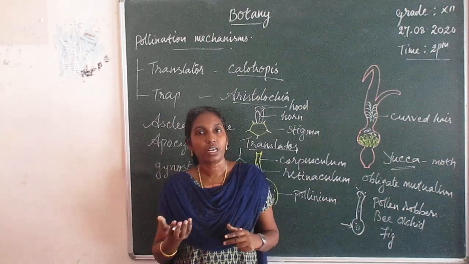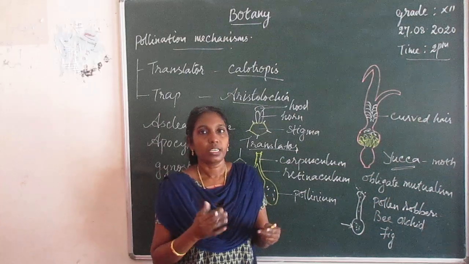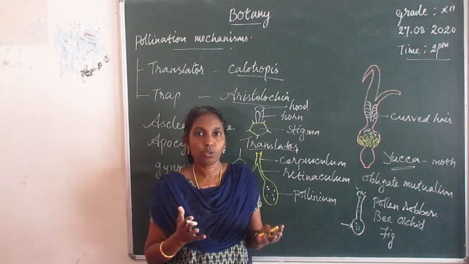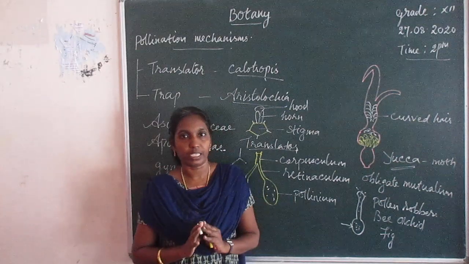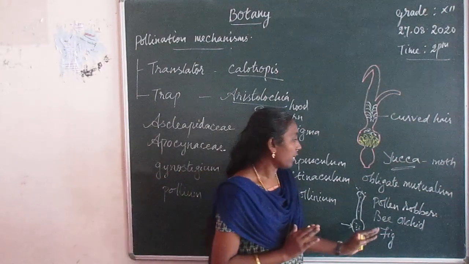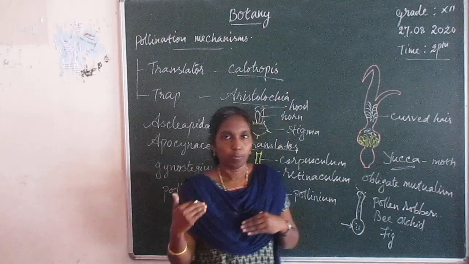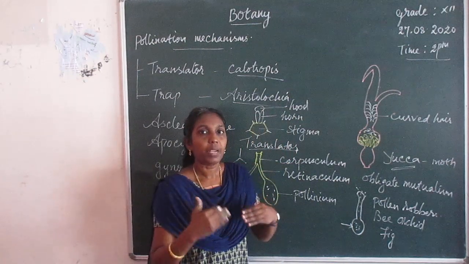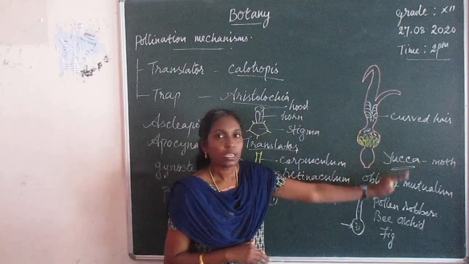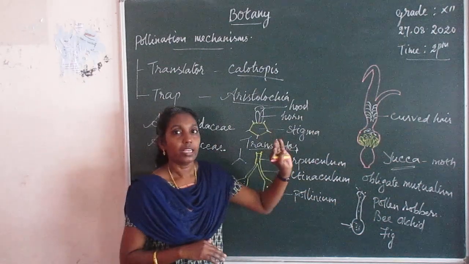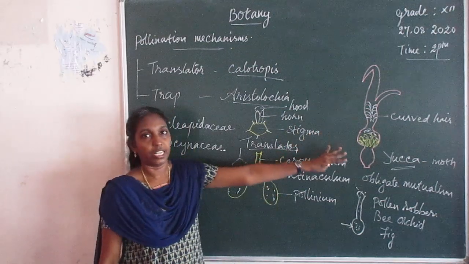So the male wasp comes and tries to copulate. Due to this pseudocopulation, pollination takes place. So this is known as the plant insect relationship. These are the important examples of pollination.